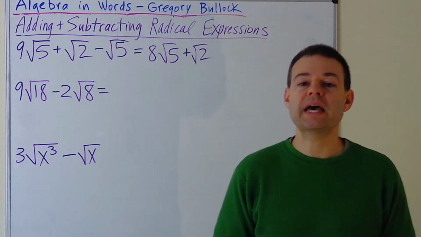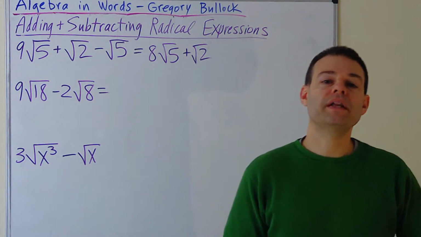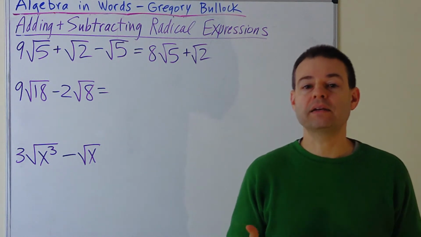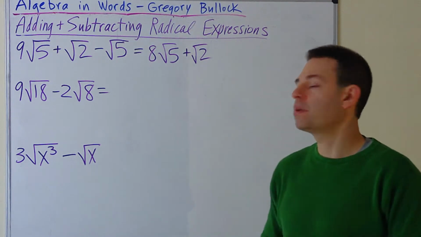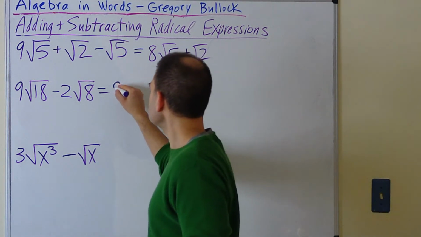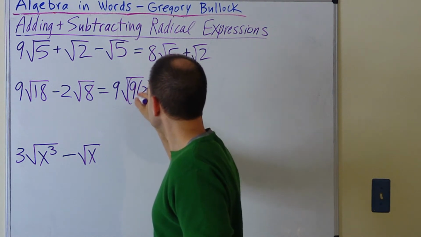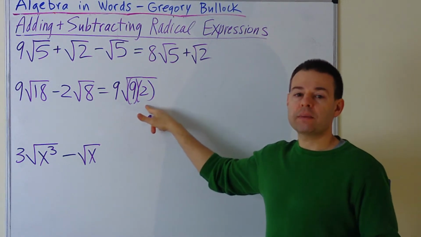So when looking at 9 square root of 18, focus on the 18. What are any perfect square factors of 18? Hopefully you think of 9, that's the perfect square factor, and the remaining factor is 2. So we're going to break that up as the square root of 9 times 2.